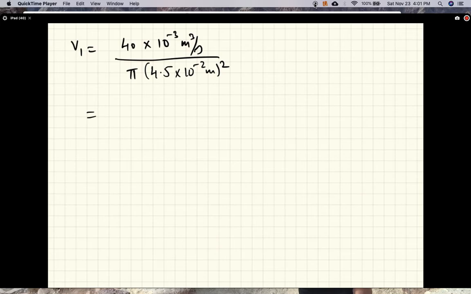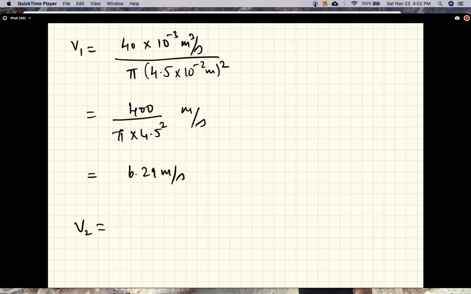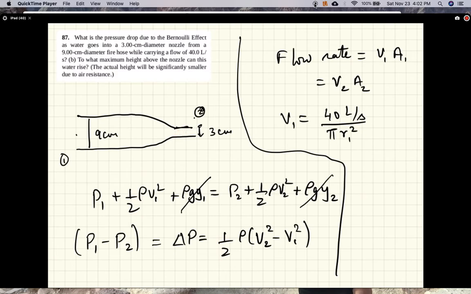This works out to 10 to the minus 4, which brought up becomes 10 to the 4, and 4 minus 3 is 1, so that makes it 400 divided by pi times 4.5 squared per second. So V1 is 6.29 meters per second.